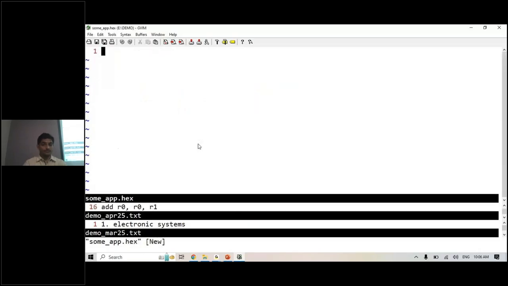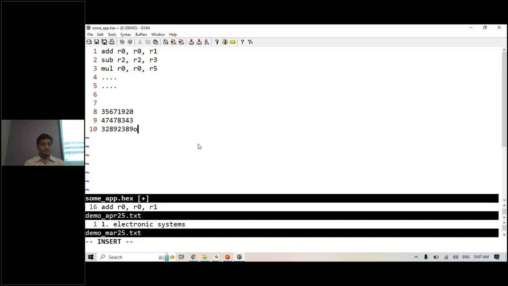Originally this is how it was. A long piece of code. This hex code actually will be stored. So in summary, this line is this code.